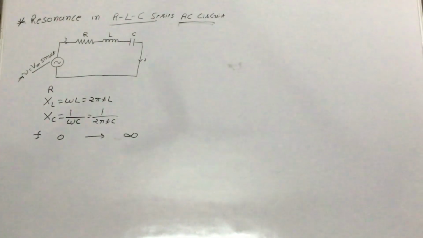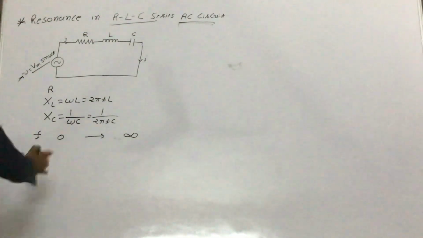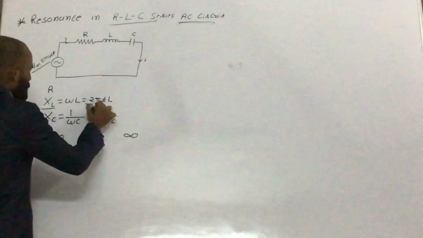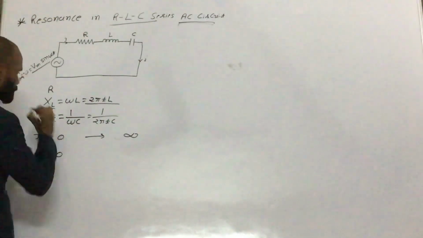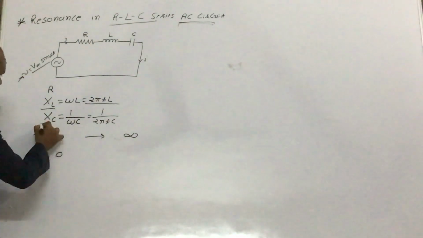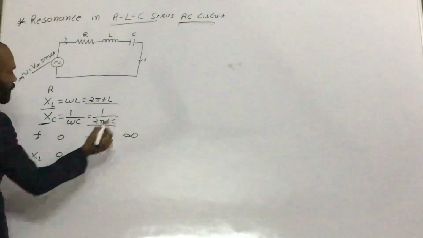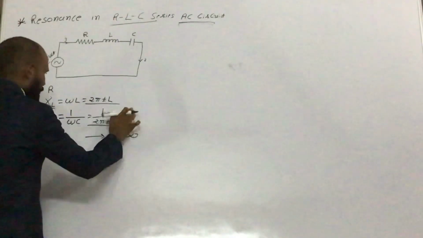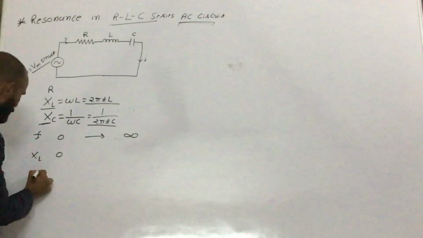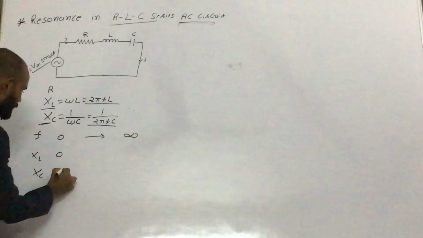Now when the frequency is 0, from the equation of XL we can see that XL is equal to 0, and from the equation of XC we can say that XC is 1 divided by 0, that means infinity. So when frequency is 0, XL is 0 and XC is infinity.